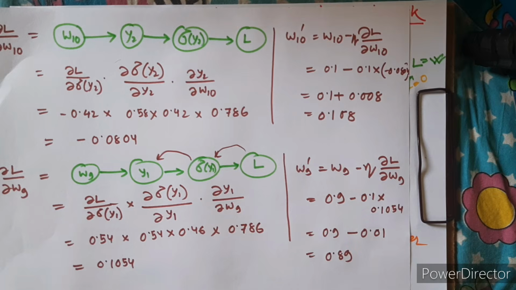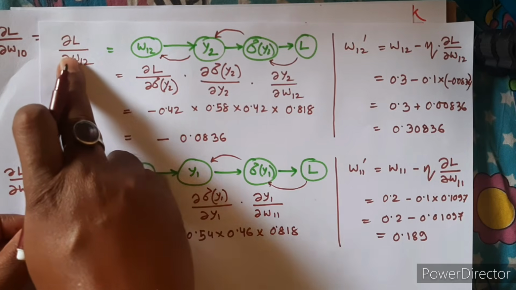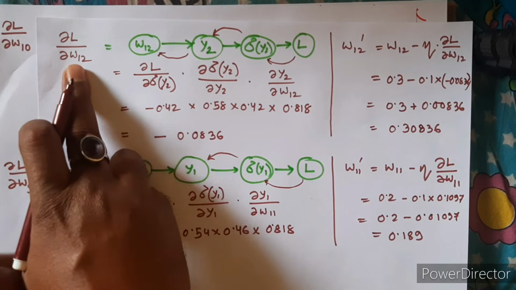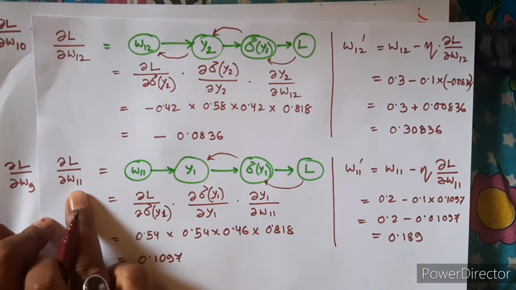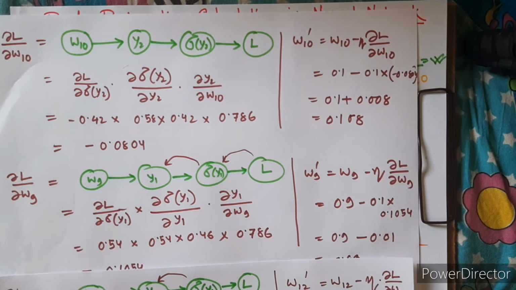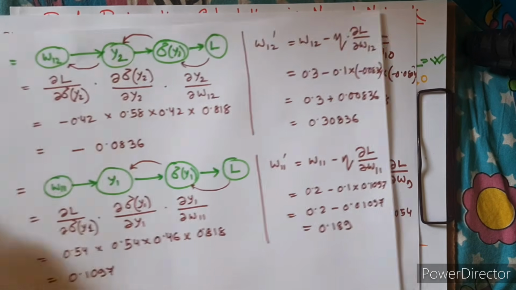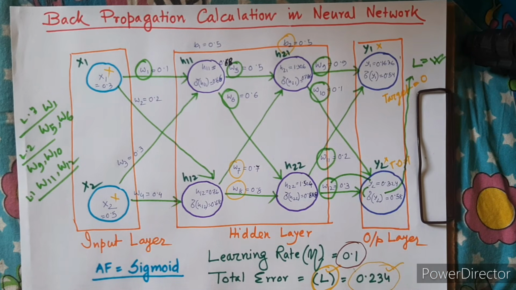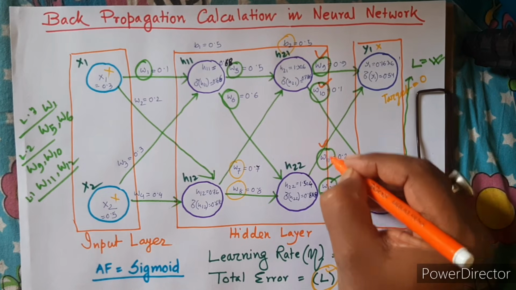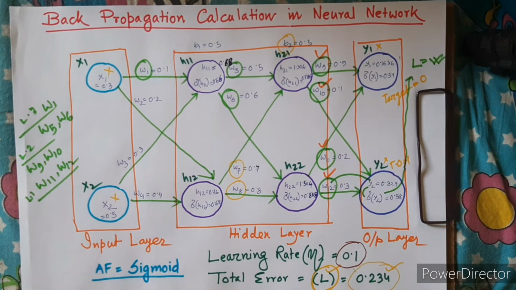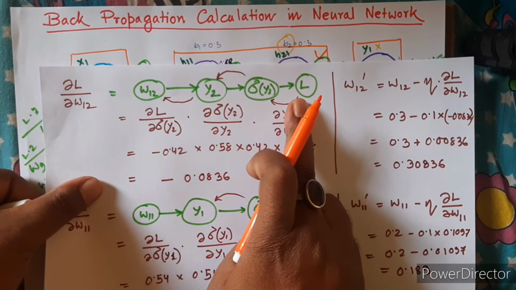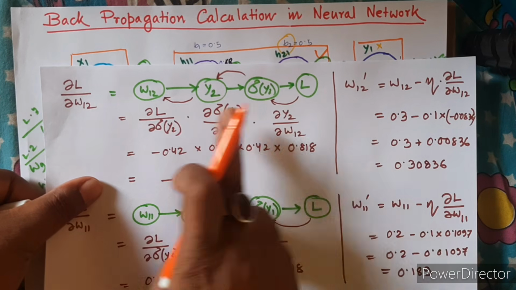So now, just to recap, you have calculated the next value of W12, and the derivative of L with respect to W12, W11, W10 and W9. So you have now completed this layer, because it has a direct connection.